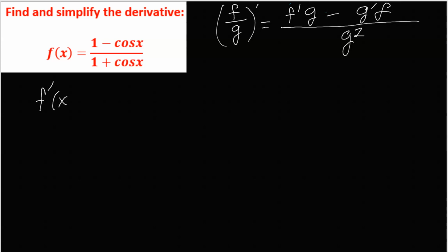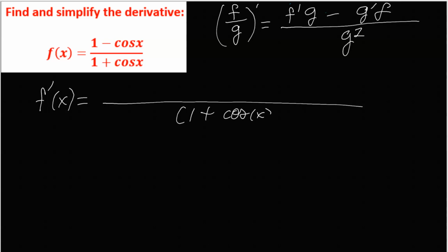Quotient rule, we would have the derivative of f of x is on the denominator (1 plus cosine of x) squared. On the numerator, we would have the derivative of the numerator, which would be derivative of 1 is 0. The derivative of cosine is negative sine.